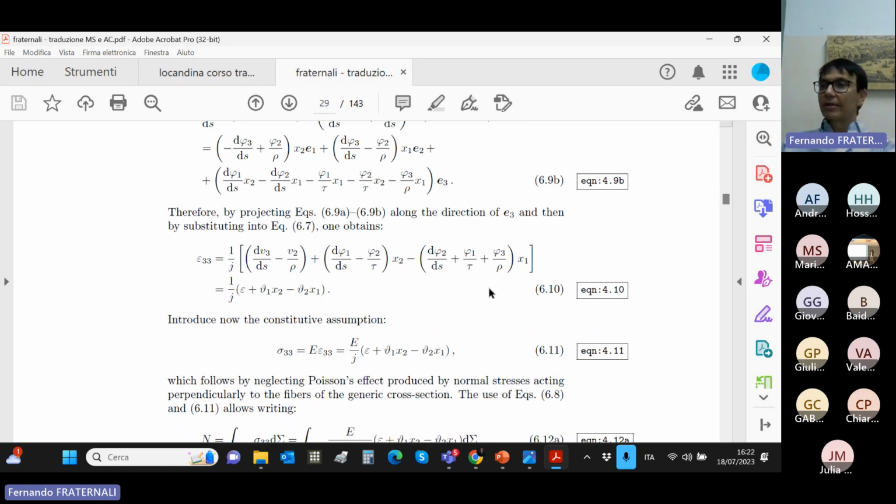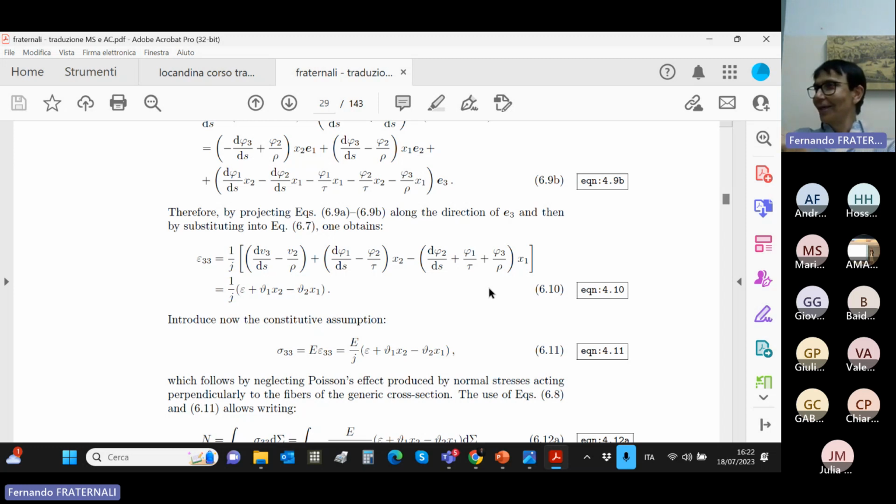The first justification is that we can assume that the material of the beam is isotropic with a Poisson ratio equal to 0. This is the first way of justifying this assumption, because in a three-dimensional body, the Poisson effect couples the axial strain in one direction with the axial strain in the other direction.